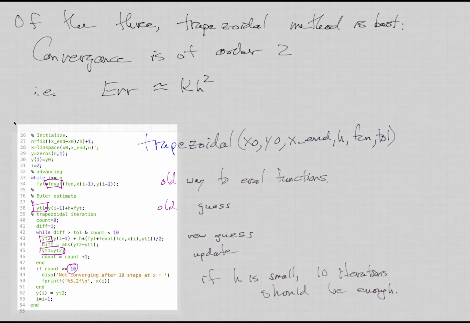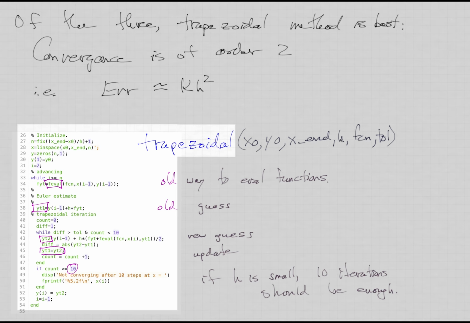So this is the trapezoidal function. It's a trapezoidal MATLAB function. Again, it's similar. The inputs are similar to the Euler function. You give it the initial x value, the initial y value. You give it the right endpoint for x.